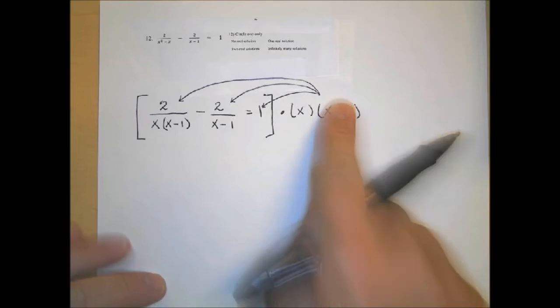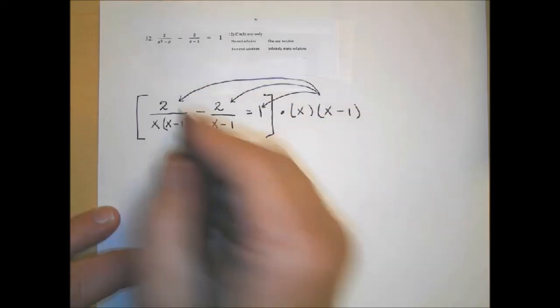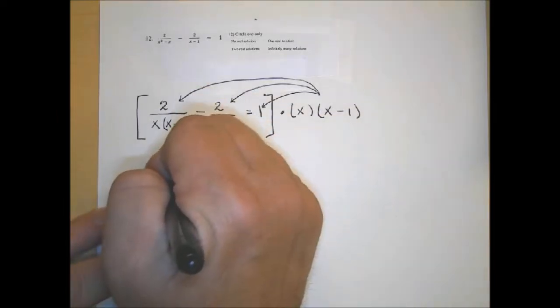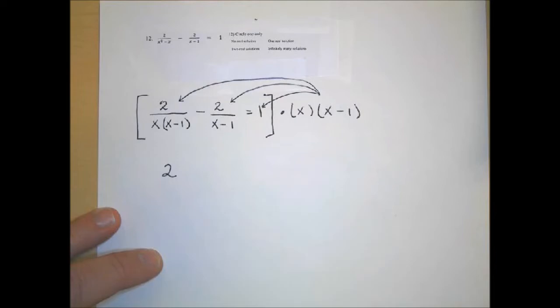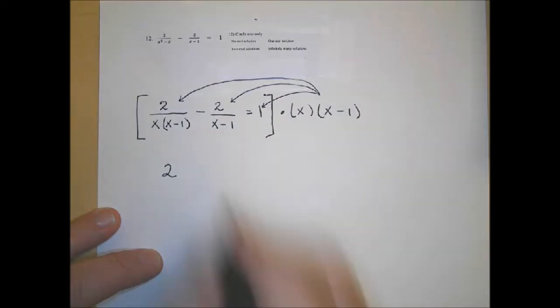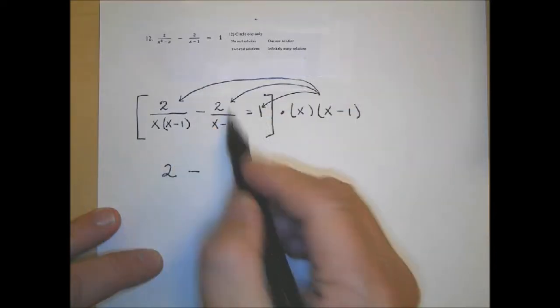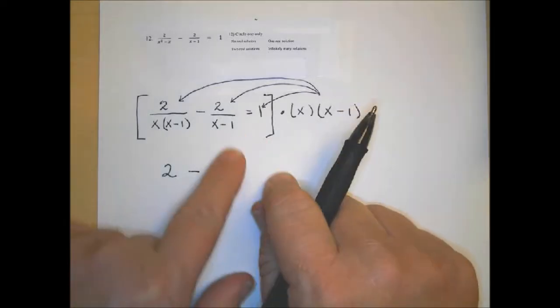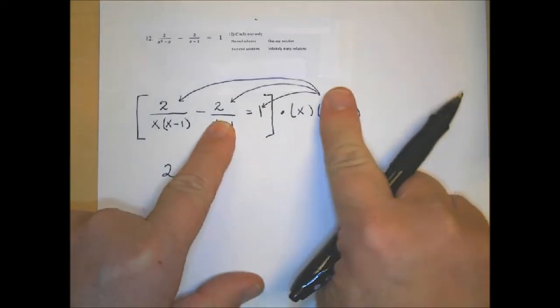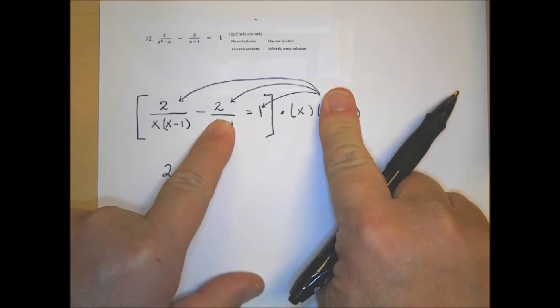So the first fraction really didn't need anything because it had everything. Now moving on to the second fraction. The second fraction had the x minus 1 already, so those cancel.